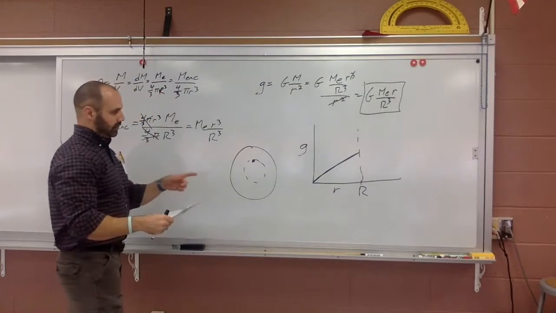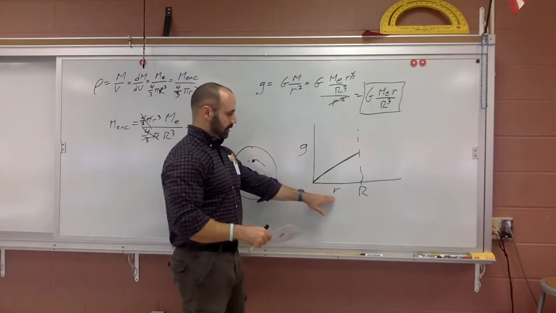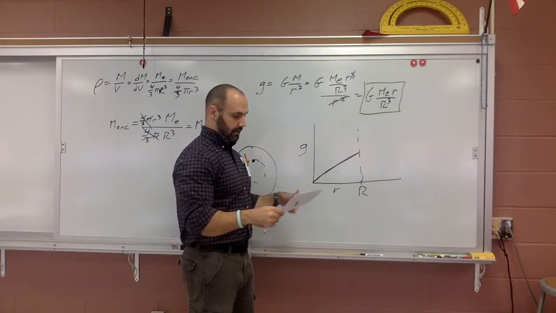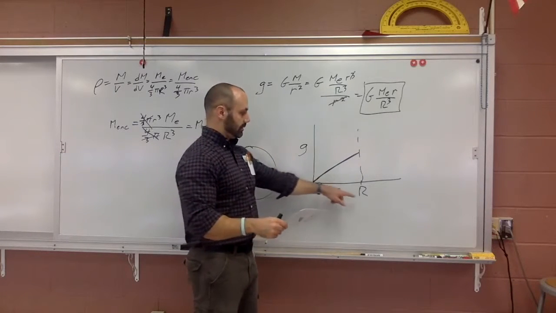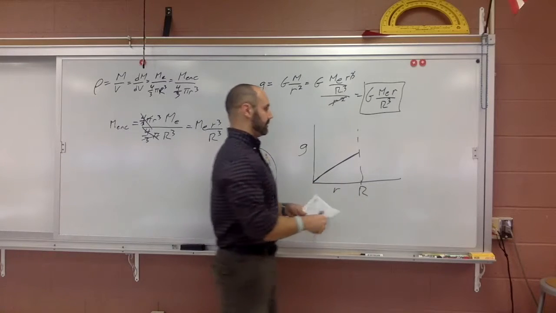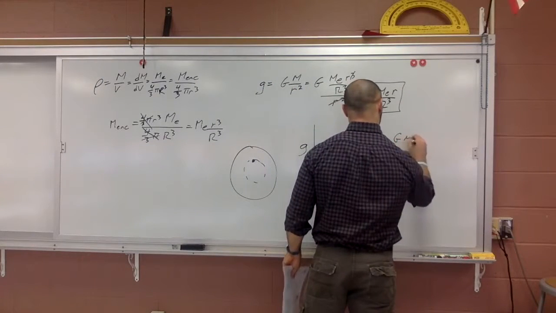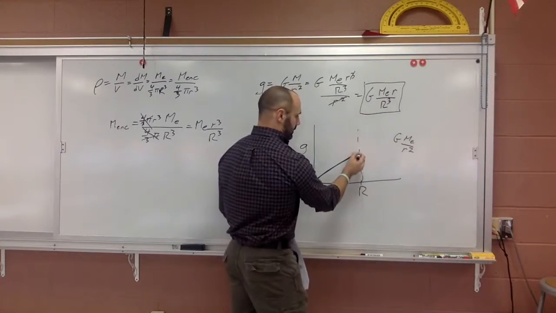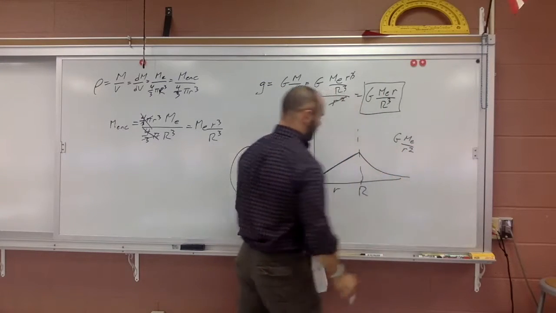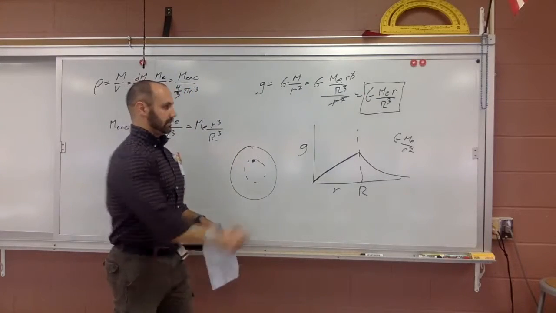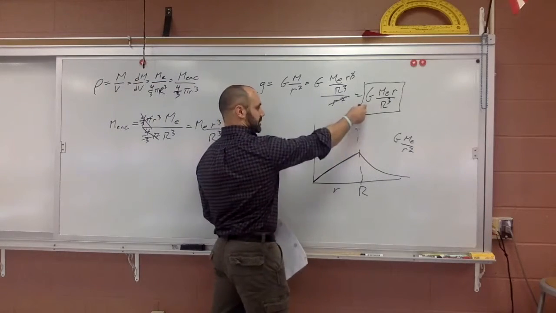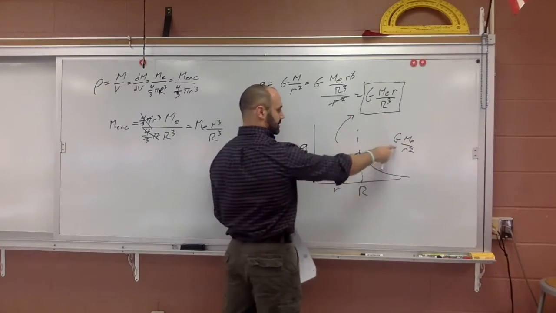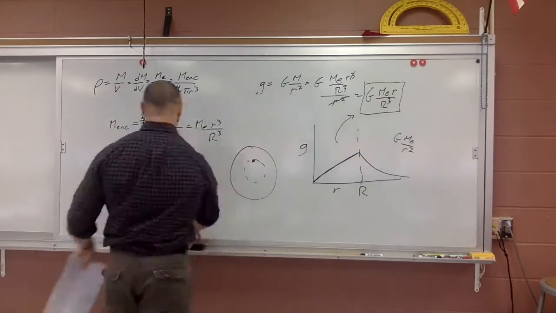So when you have little r less than big R, it looks like this. And when you have little r greater than big R, then you have G mass of the Earth over little r squared, and that looks like this as you go out. So inside the radius it is given by this function. Outside the radius of the object it is given by this function.